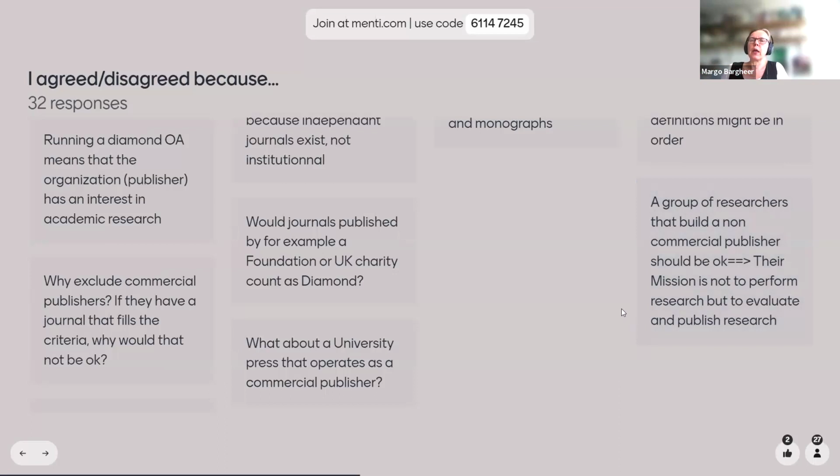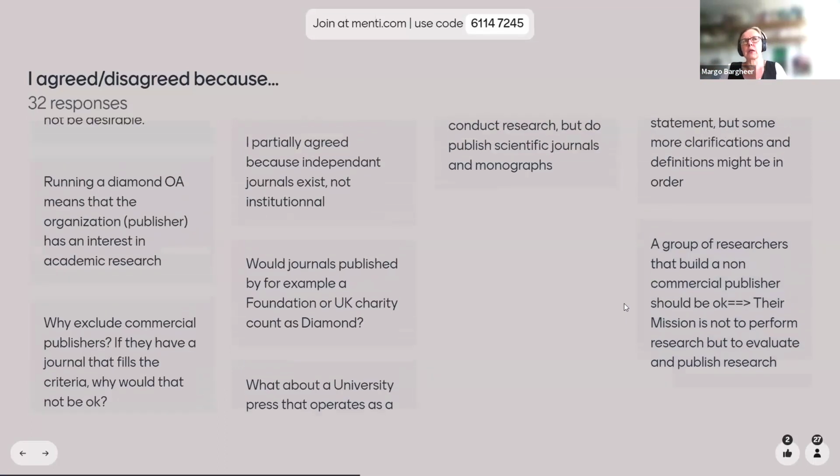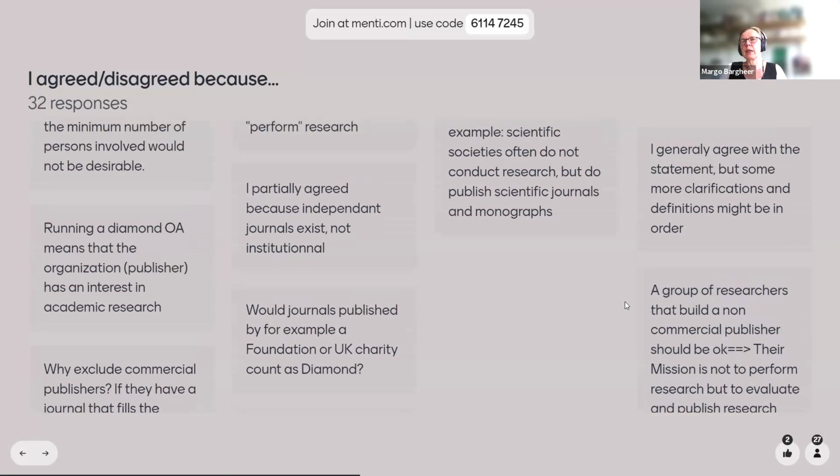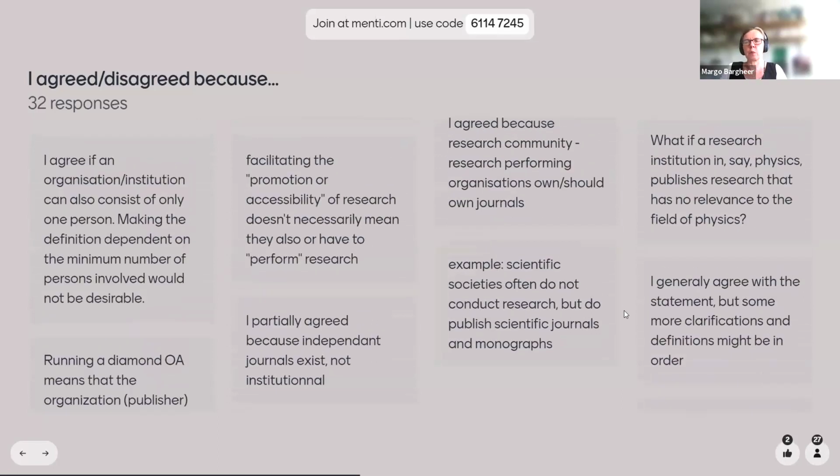And we are fully aware that there are commercial players of various flavors. So, for instance, Open Libraries of Humanity is privately owned, so it's not performing research. At the same time, we would say, yes, this qualifies for Diamond.